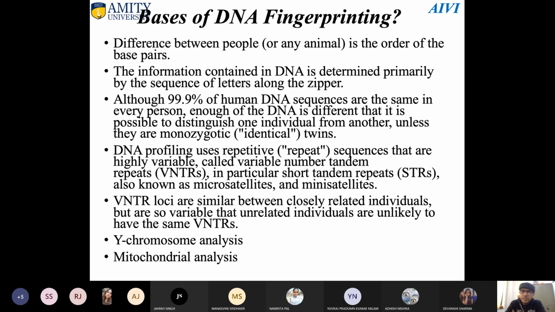So then a question came: what is the basis of this DNA fingerprinting? The name is DNA, but as you all know, the whole human genome is known. When we say human genome, it means the genome of a human. But whenever you refer to the human genome, it is not the genome of all humans.